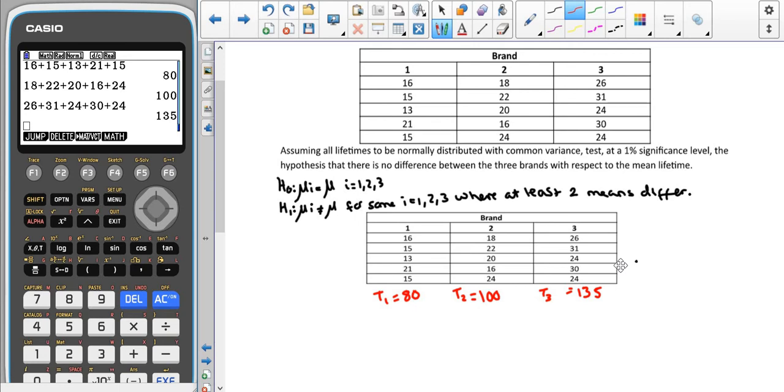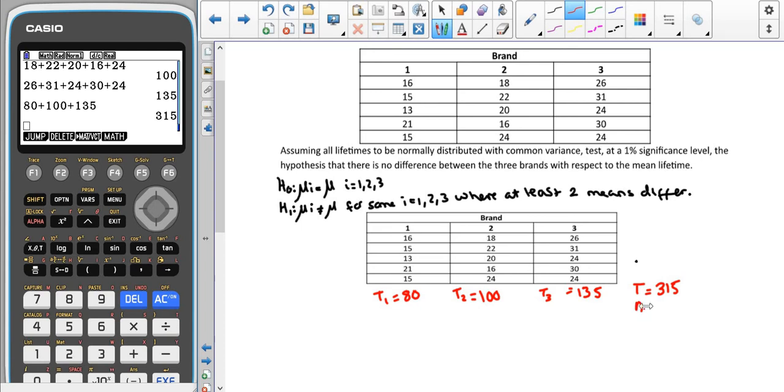The other thing that I need to find is my total. So my total is going to be what I get when I add these three numbers together. So 80 plus 100 plus 135, which gives me 315. I also need to know my n i.